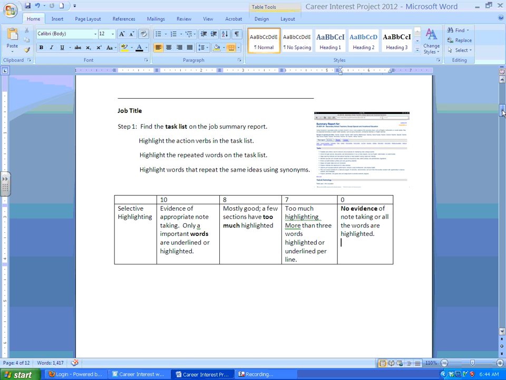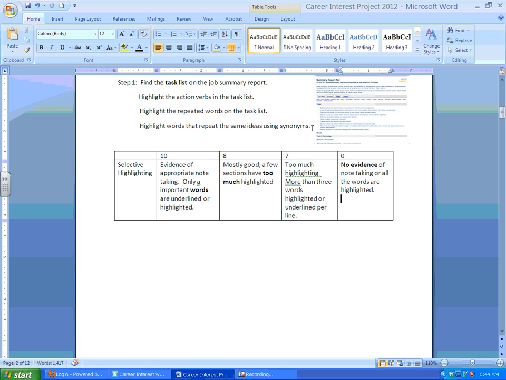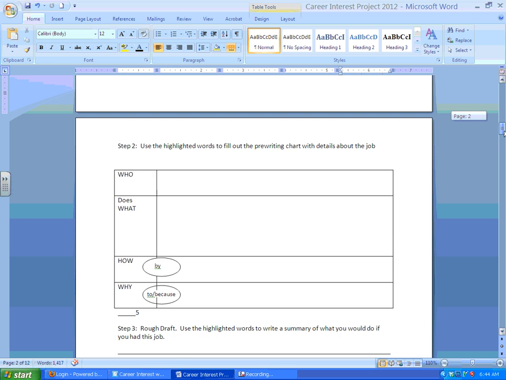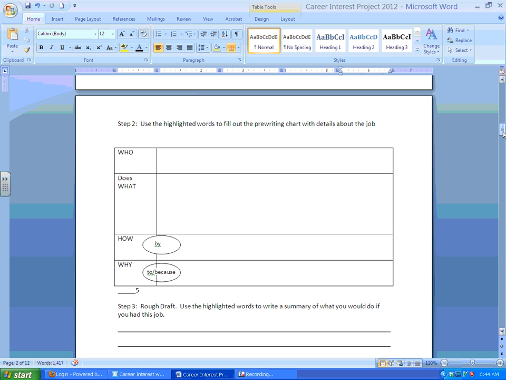So to review, when you have your independent job task list that you have to start with for your project, you're going to do what we did and do the selective highlighting: action verbs, repeated words, and words that mean the same thing, synonyms. Then you're going to take those words and sort them out, either physically by writing them on little papers and cutting them up and sorting them out like we did, or in your head, and you're going to put the like ideas together on this pre-writing table.